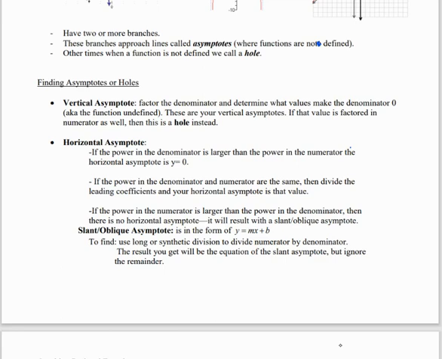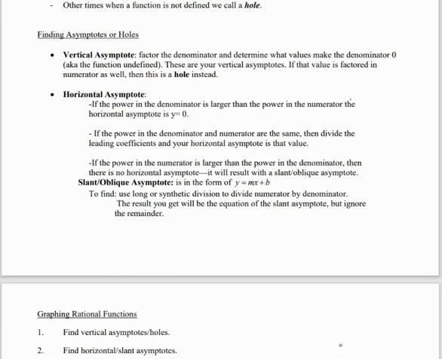Now, if the power in the numerator is larger than in the denominator, we do not have a horizontal asymptote at all, and instead we have a slant or oblique asymptote. We'll go into that in more detail. A slant asymptote is in the form y equals mx plus b, and we find that by using long or synthetic division.